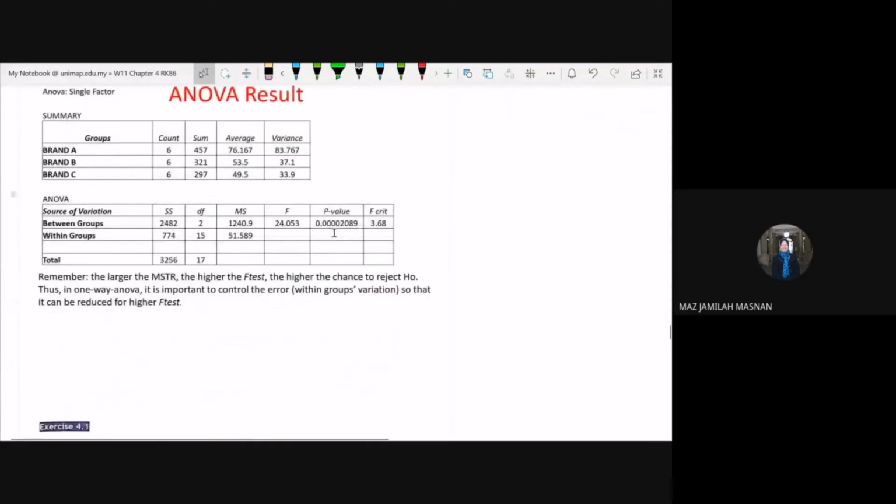Last but not least, my comment would be on this one. If you read it out, remember the larger the MSTR, the higher the F-test, the higher the chance to reject the null hypothesis. For ANOVA, more concept questions will be asked because we will have less calculation.